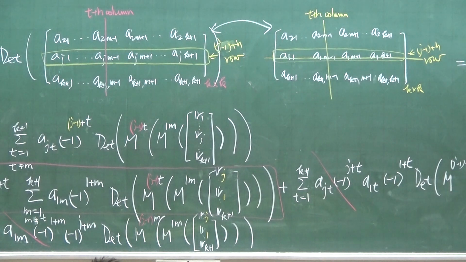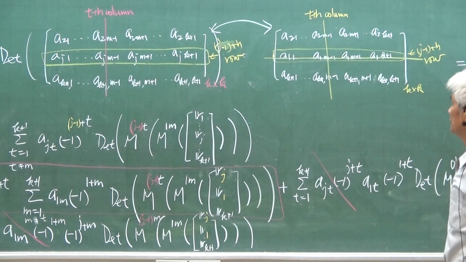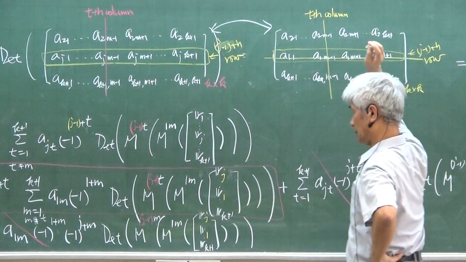Alright, let me do it with what I have. Minus 1, m and 1 t, j, 1, j plus 1. This is fine, but this part is correct, but I missed something.